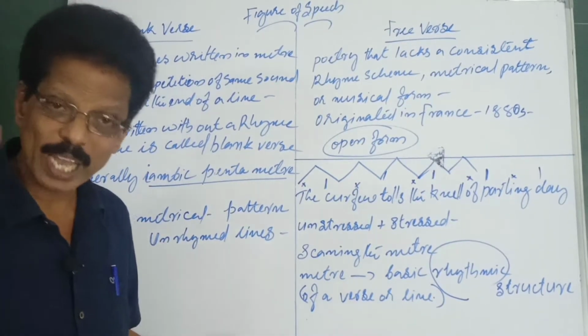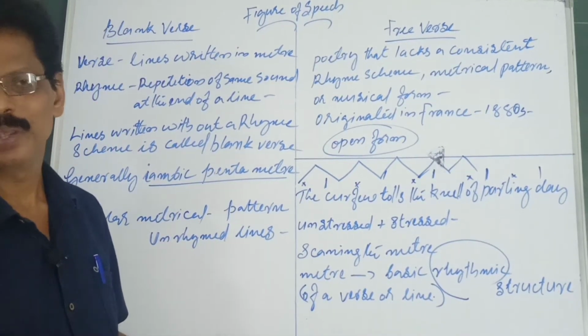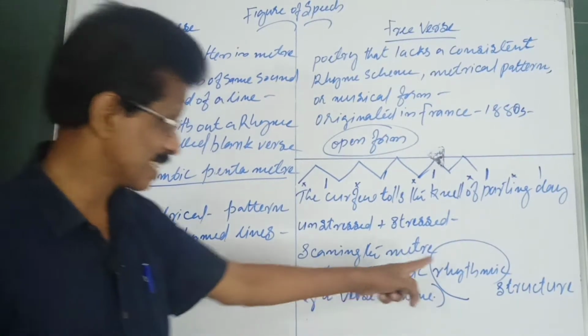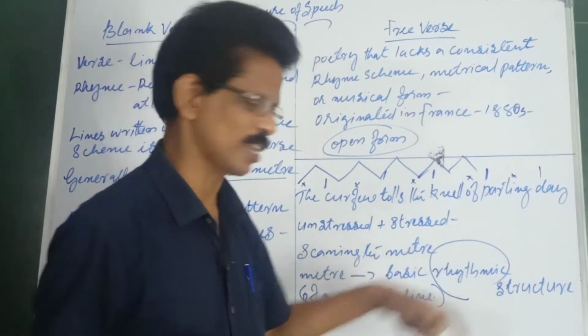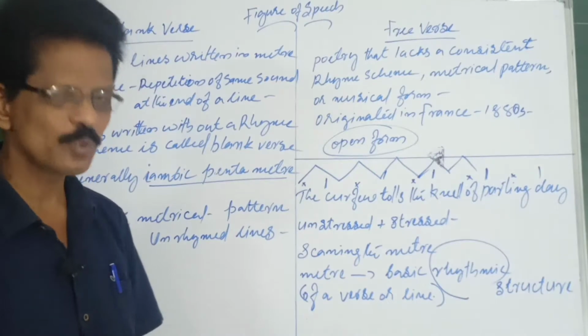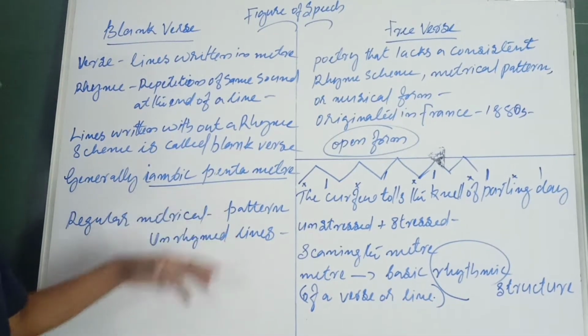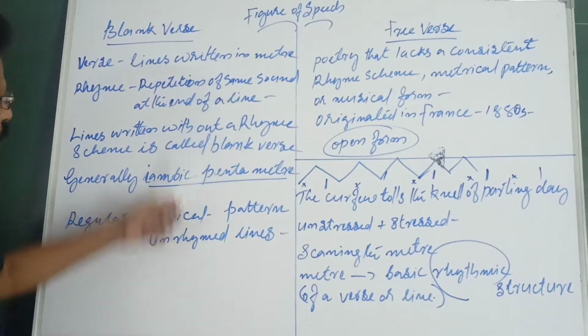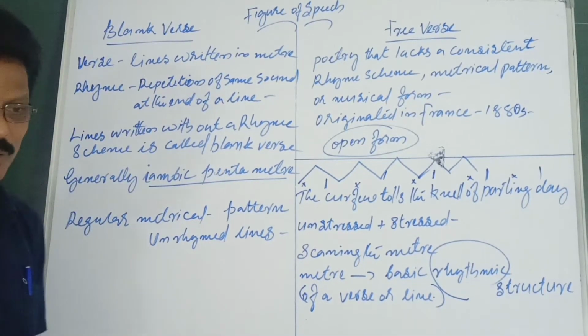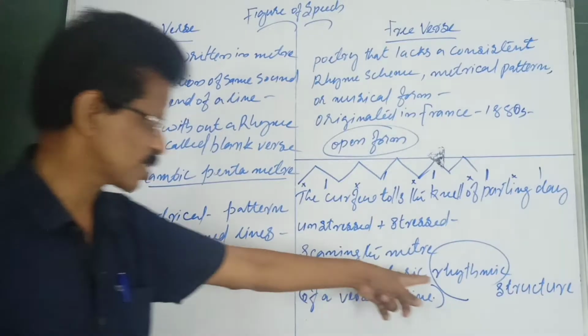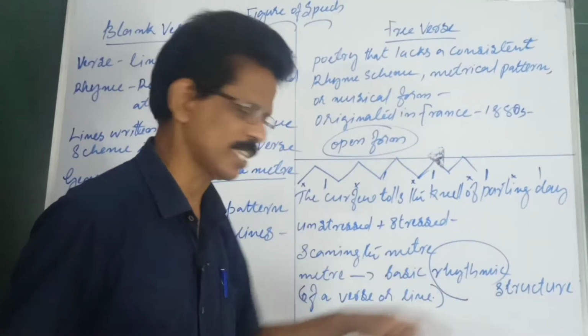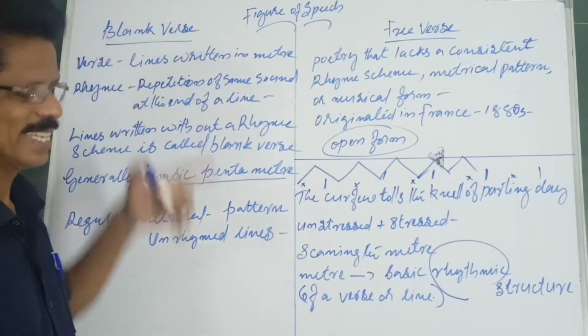So the rhyme scheme will give the poem a rhythm or musical structure. So it will be written with a rhythmic structure, that is iambic pentameter. Though it does not follow any rhyme scheme, it will have a rhythmic structure, a musical effect. That is what blank verse is.